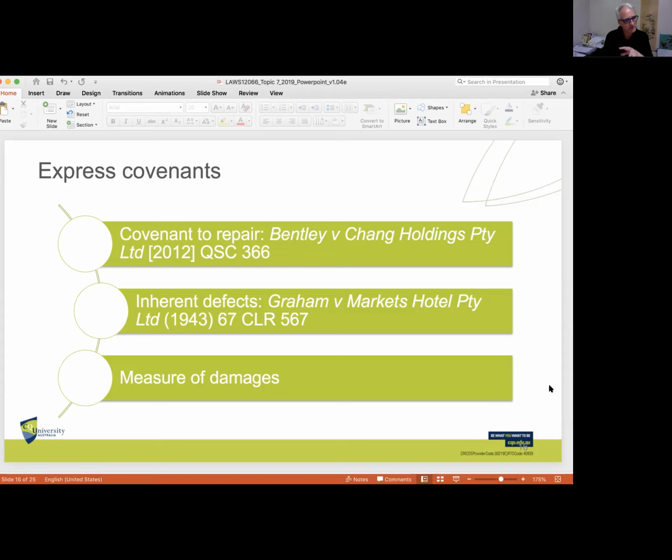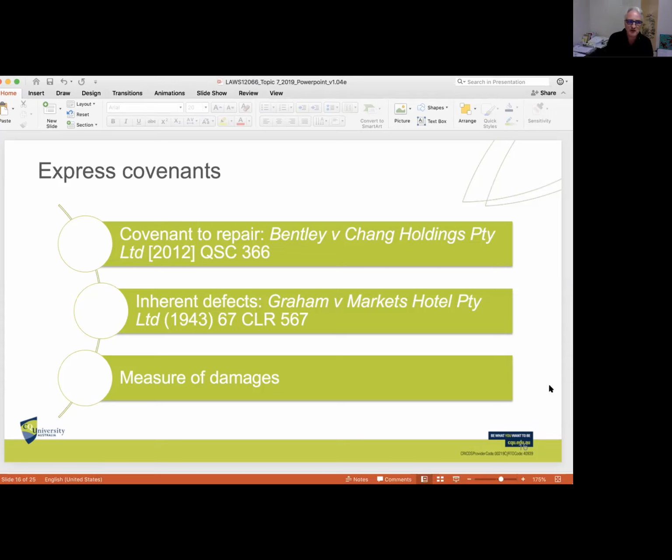But what if there are some inherent problems with the premises, with the land that is being leased? Is that something that the lessee also has to take responsibility for? And so this really is an exception, but determining what an inherent defect is can be a bit challenging sometimes.